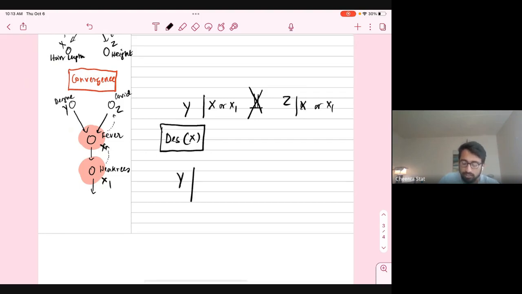So y given any x alpha belonging to the descendants of x, either x or x1 or x2 or whatever, is dependent on z given x alpha, because the occurrence of any descendant increases the probability of fever.